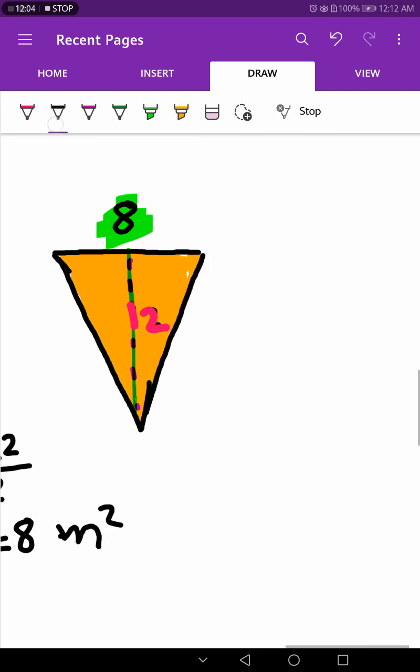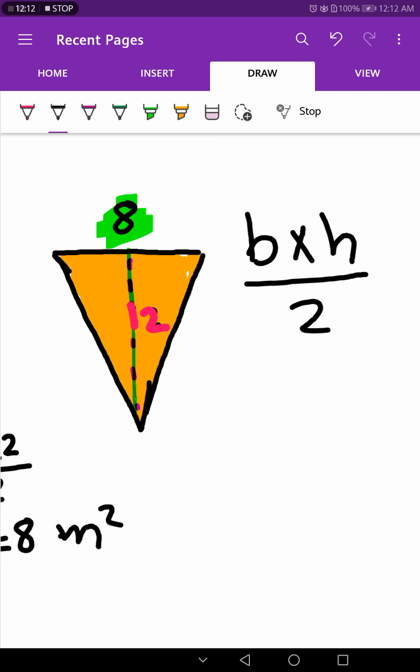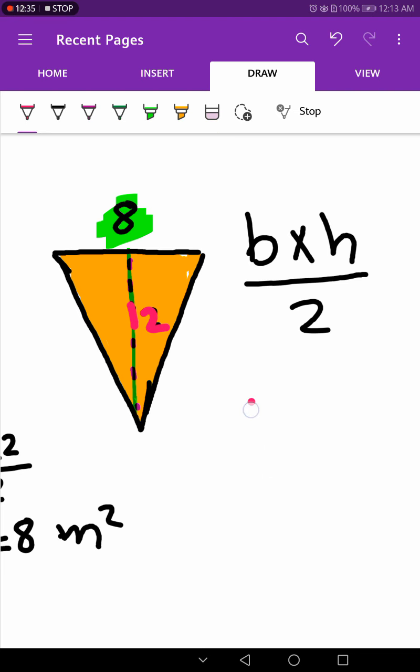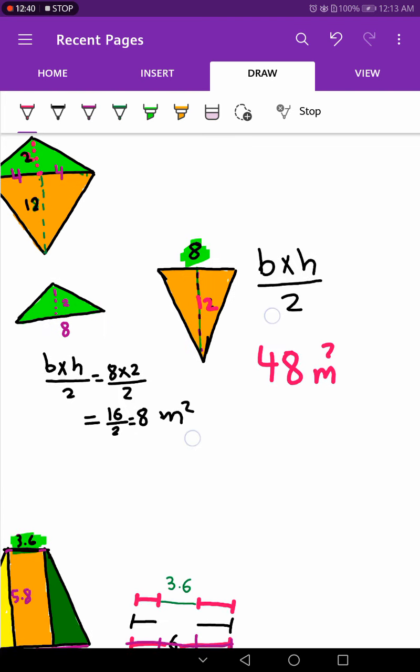Again, see, the area of any triangle is base times height over 2, or 1 over 2 times base times height, it is the same. 8 multiplied by 12 over 2. Now 8 times 12 equals 96. 96 over 2 equals 48. Yes, so the area here is 48 meter square.